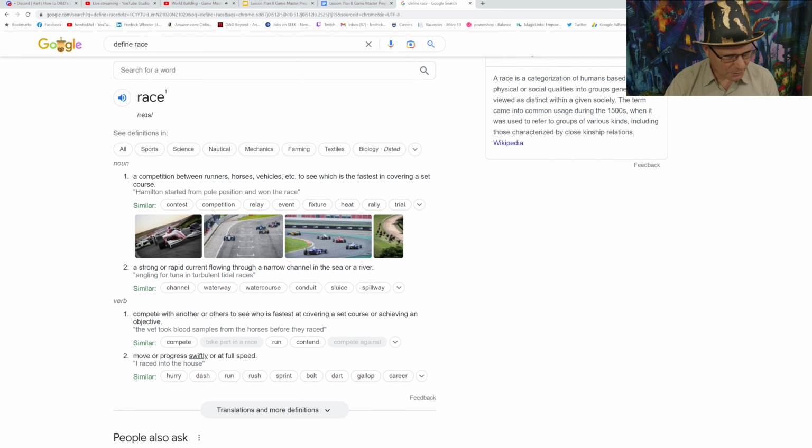A race is a categorization of humans based on shared physical and social qualities into groups generally viewed as distinct within a given society. The term came into common use during the 1500s when it was used to refer to groups of various kinds, including those characterized by kinship relationships. So really it is actually only to describe a category of humans, race.